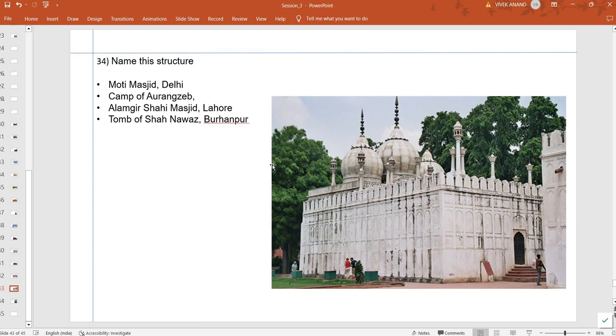That's why Moti Masjid. On the domes you can see those structures which are made like pearls. What is the material which is used outside? Any guess? Can you tell where this is located? Where in Delhi?